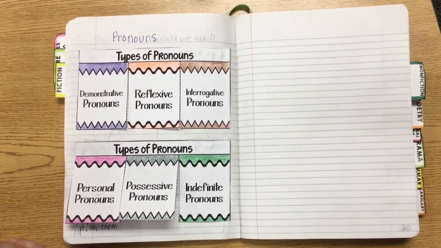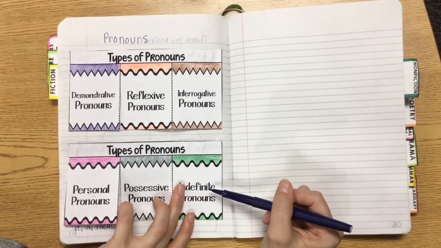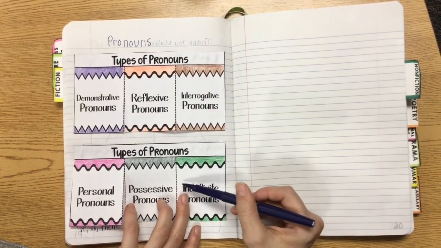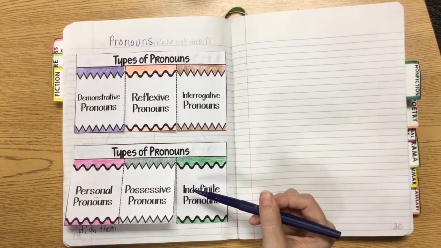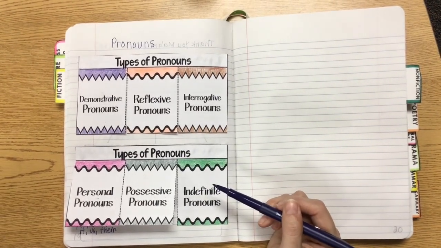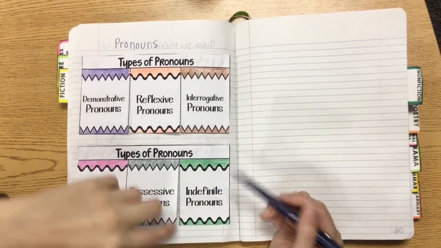Indefinite pronouns, the word itself, indefinite. So if something is definite, it is very sure and very clear. Indefinite, the prefix in means not. So in this case, not definite. These are pronouns that you can't really tell exactly who or what they are talking about.